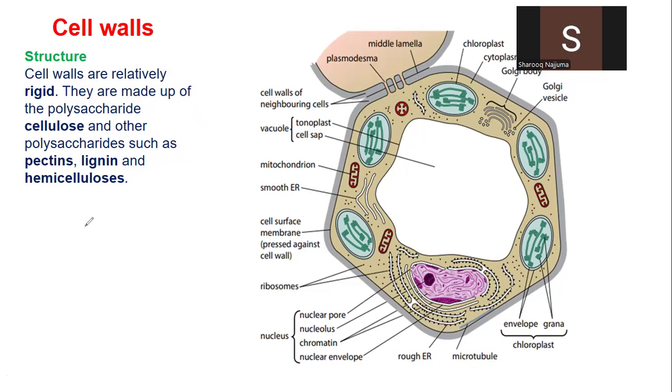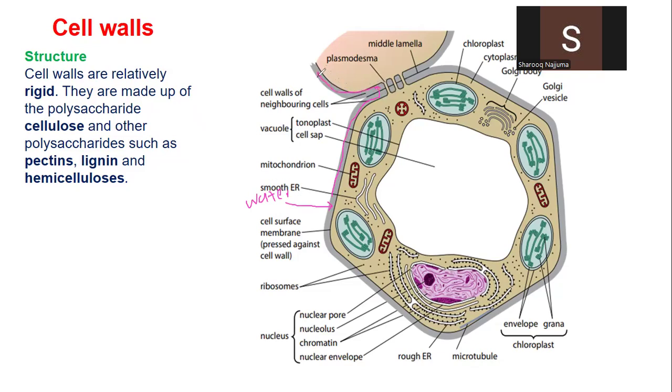One other role of a cell wall is that it provides a pathway for transport of molecules. What does that mean? If this plant cell absorbs water, assuming it has absorbed water and water has entered into the cell wall, some of that water can move through the cell wall from this cell and then enter into the cell wall of the next cell.